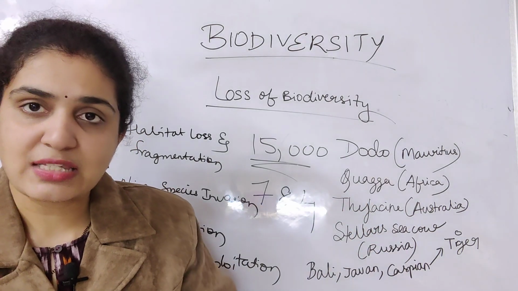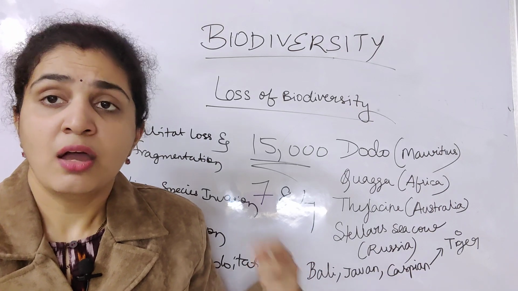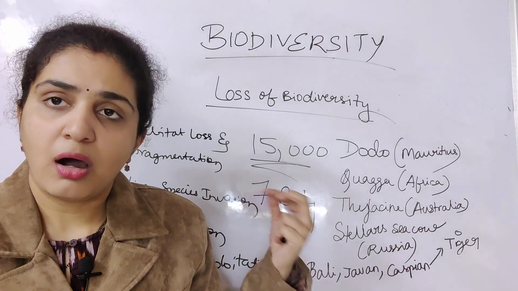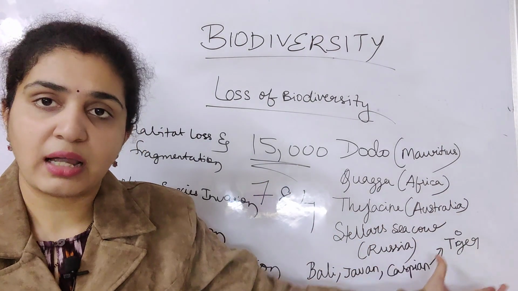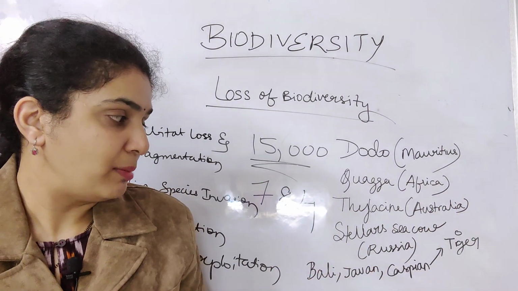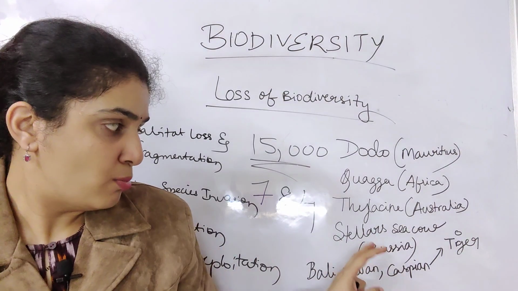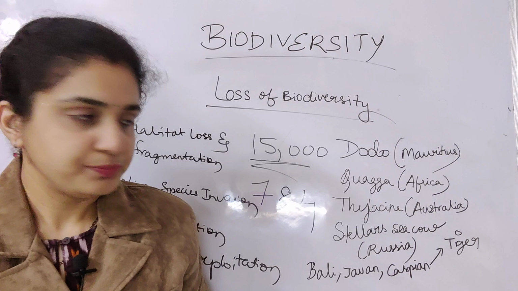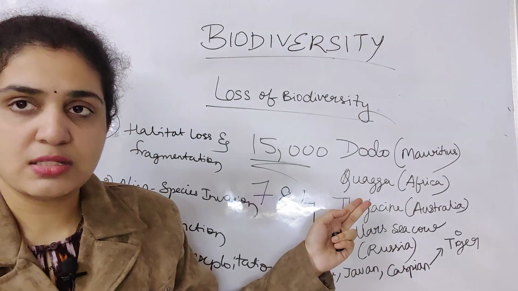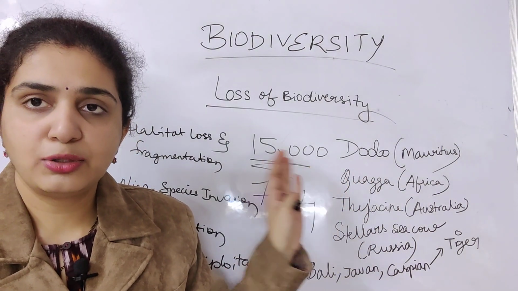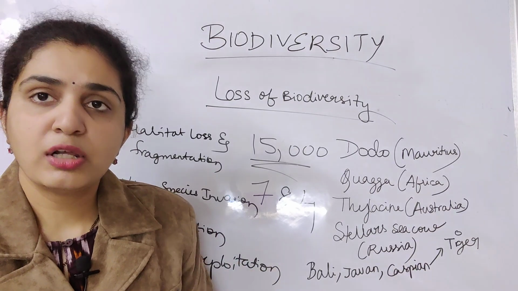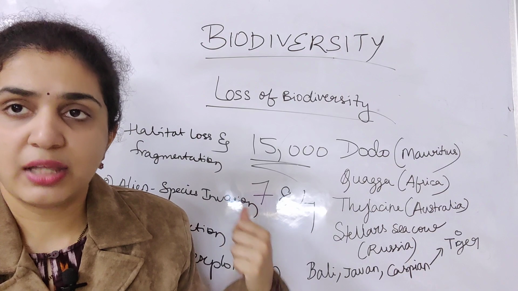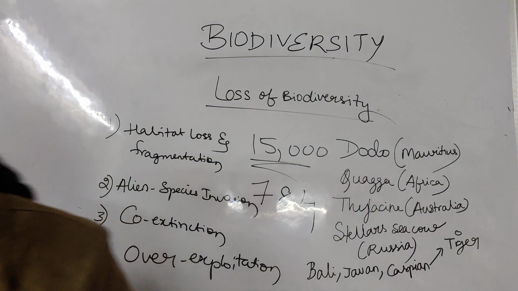Bali, Javan, Caspian are subspecies which got extinct, and they belong to the tiger. That is one important NEET question. Mostly they'll ask Steller's sea cow and tiger, and sometimes they may ask these also. So this is related to how the loss of biodiversity is taking place. Now we will see each thing in detail.